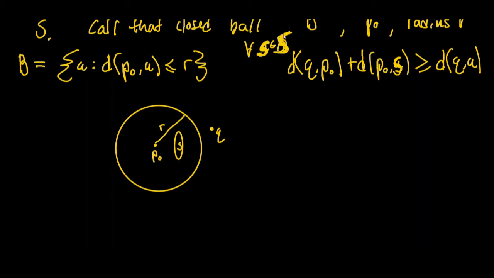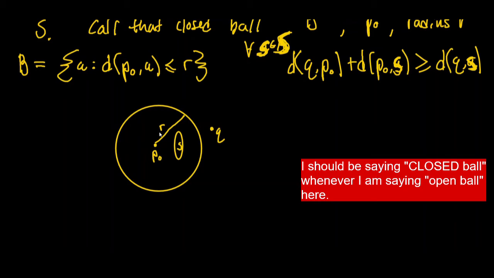For any S in S, the distance between Q and P naught plus the distance between P naught and S is greater than or equal to the distance between Q and S. But look at this. We also know that since the set S is contained in this ball B with center P naught and radius R, we know the following statement.